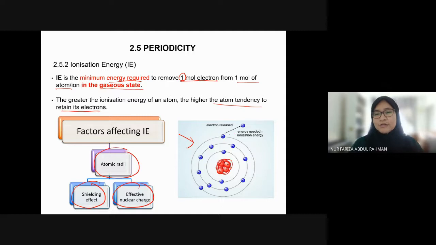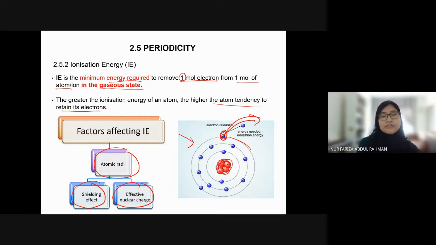Okay, alright. So this will be the valence shell kan. Therefore, this is the valence electron. So ionization energy means the energy needed to remove ataupun to release this electron, to remove the electron out from the atom.